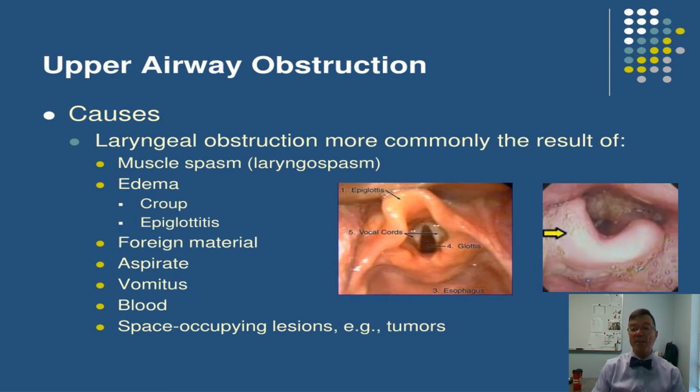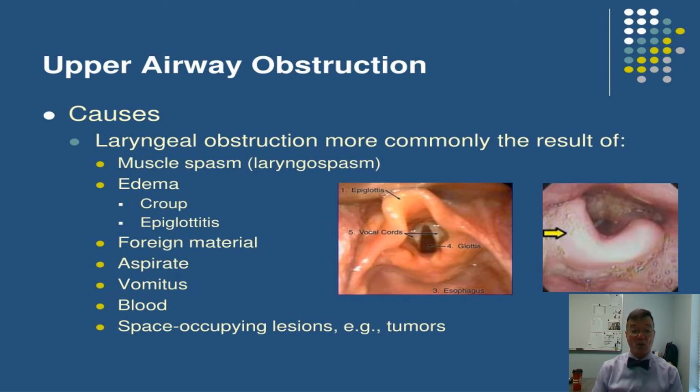So one of the problems with ear, nose, and throat surgery is that you have upper airway obstruction, and that can be more common than not. Somebody that presents with that, you may have to do some sort of insufflation, either through a bronchoscope or through a tube in the back of the mouth. It's often the result of muscle spasms or laryngospasms, as we see.